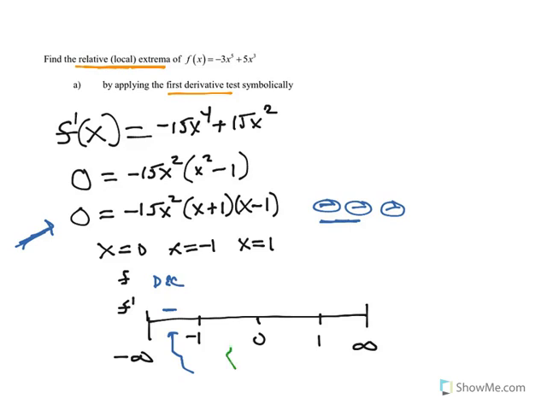And then we will test another number. So let's test something in this interval, maybe a negative half. The first factor is always going to be negative regardless of the number, since the square makes everything positive, and then you have a negative 15. Then on the second factor, a negative half going in, negative half plus 1, that's going to leave you with positive.